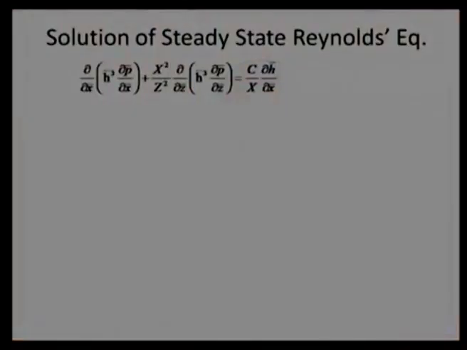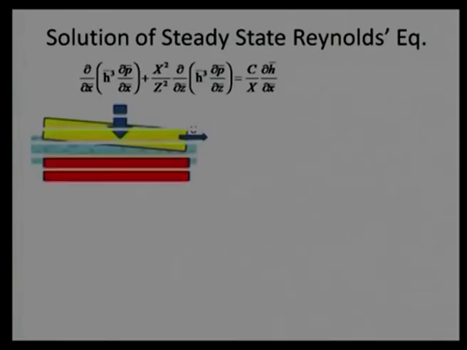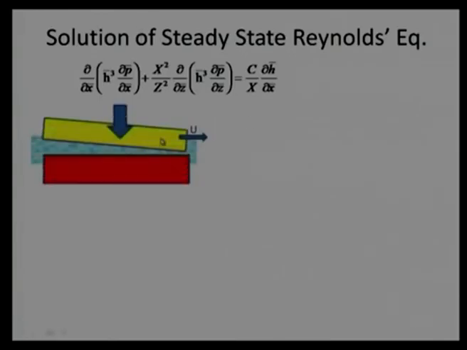We considered only the steady state Reynolds equation, where the time dependent term was neglected. The dH by dt is negligible for a steady state Reynolds equation, and we neglected wedge action, assuming the surface is rigid, so there will not be any pressure generation due to variation in surface velocity.